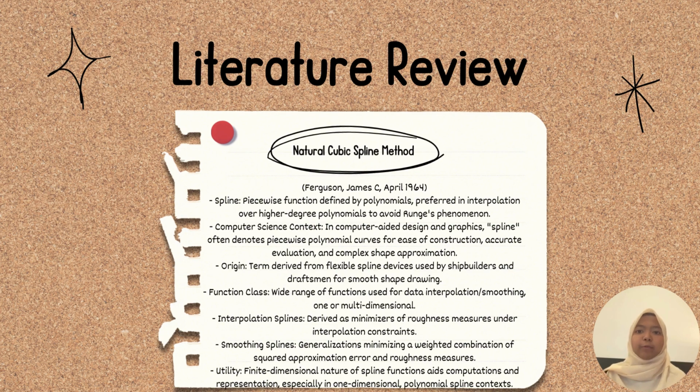Its function is a wide range of functions used for data interpolation or smoothing, one or multi-dimensional. And the usage is the finite dimensional nature of spline function, its computation and presentation, especially in one-dimensional polynomial spline context. That's all about literature review.